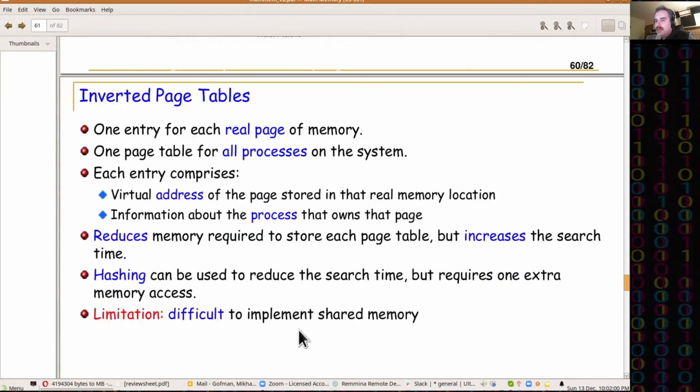Another approach to implementing a page table is called the inverted page table. The inverted page table is just the opposite of the traditional page table. In a traditional page table, there is an entry for each virtual page of the process. In the inverted page table, there is a single entry for each physical frame.